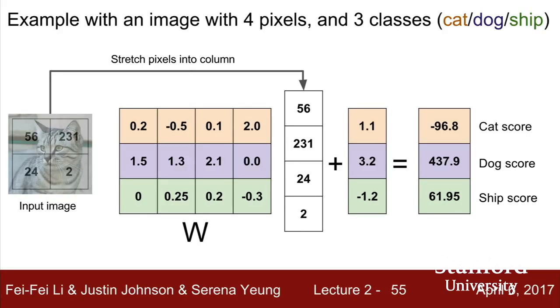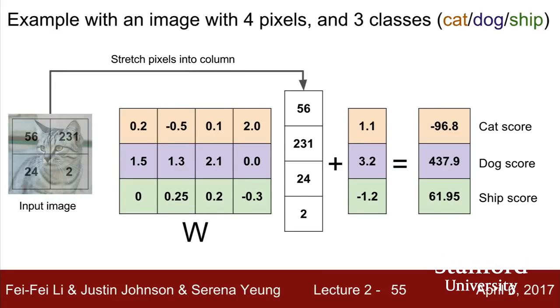In this example, we're just restricting to 3 classes, cat, dog, and ship, because you can't fit 10 on a slide. Our weight matrix is going to be 4 by 3, so we have 4 pixels and 3 classes. And again, we have a 3-element bias vector that gives us data-independent bias terms for each category.